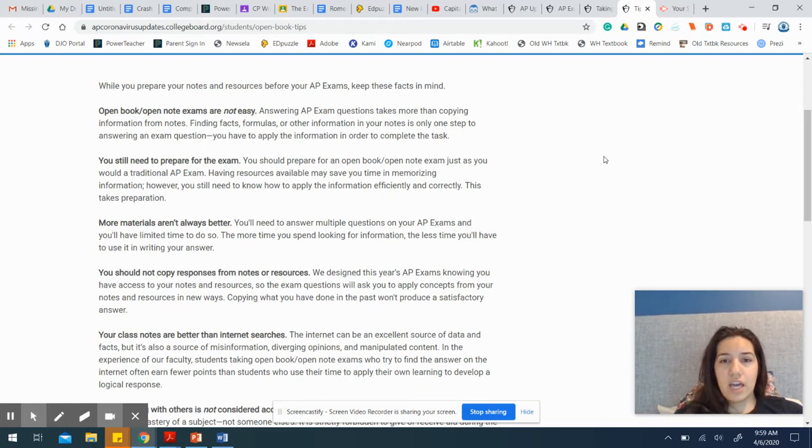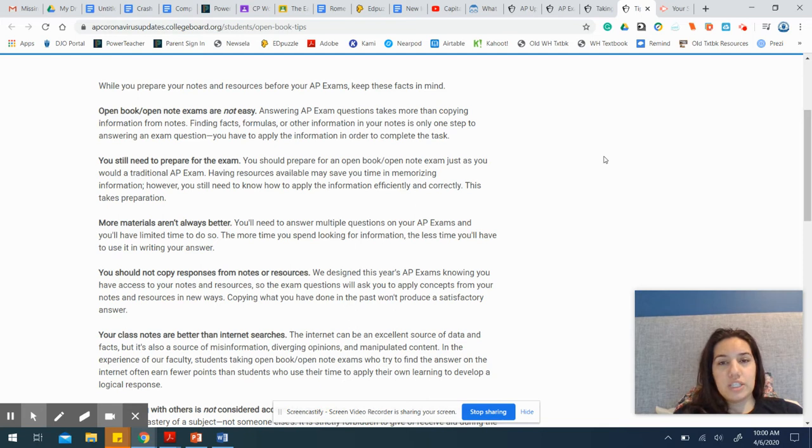A lot of the other AP teachers that I've talked to think that it's going to be some type of comparison of time periods so that we're looking at more than just one specific area for the DBQ. Remember, you're going to have to be able to read the documents and understand what the primary and secondary sources are saying.